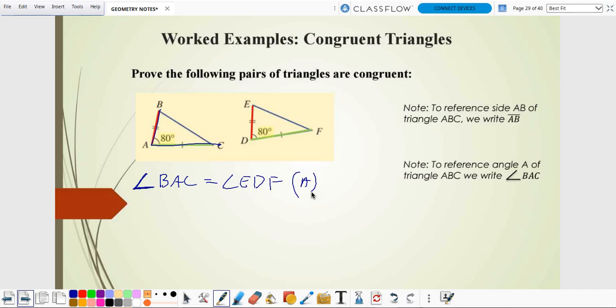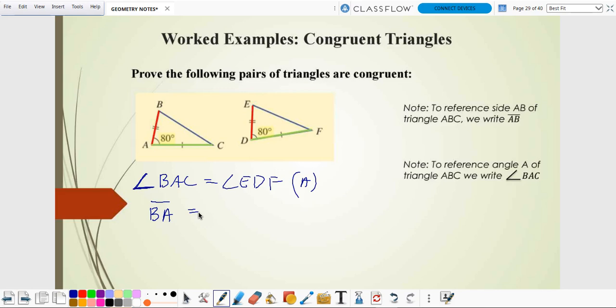Next one, what else is the same in this triangle? Looking at the little symbols. Make sure you look at the symbols that they have given to you. The adjacent sides, so which one should we work with first? The red side. Okay, I can call this either AB or BA, but I'm going to be tricky and call this BA. Length BA. So if I've called this BA, what should I call this side? ED.